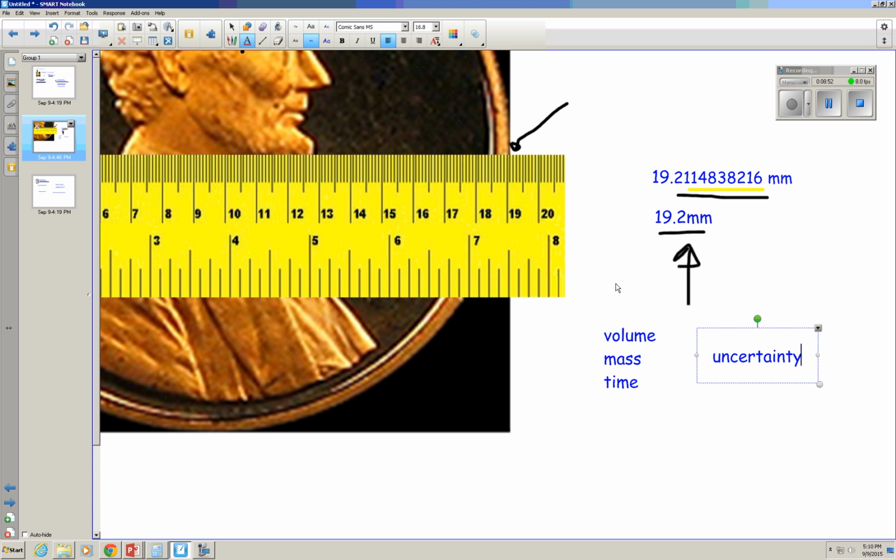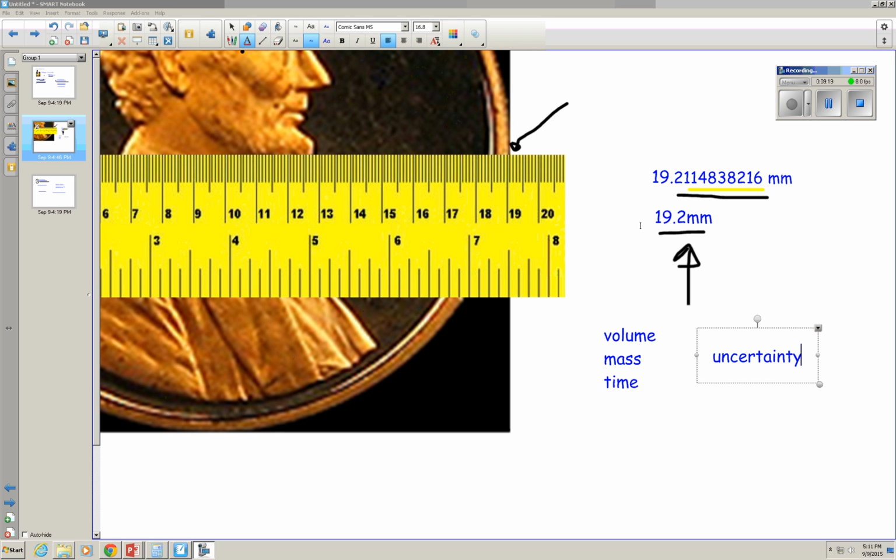Okay, so 8 minutes into this little lecture, I have an answer for you. We have to have a way of representing the reality of real measurements, the fact that our number here has some issues. So I have to be able to look at this number and ascertain the number of significant figures or significant digits that this number has.